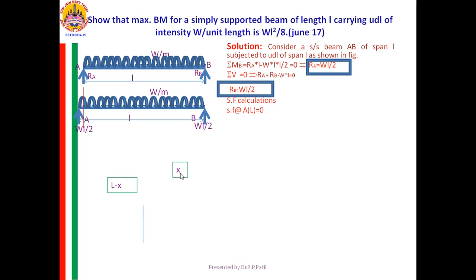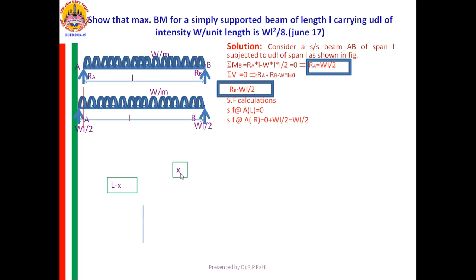Therefore, SF is WL by 2. It is acting on the left part. Tell me whether it is plus or minus. Left up is positive. Therefore, SF at right of A equal to 0 plus WL by 2 equal to WL by 2.